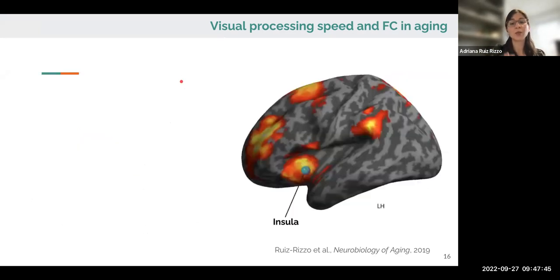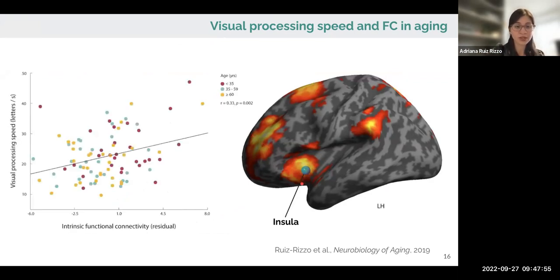We examined within this network which regions decreased with age in terms of connectivity. And one of those was the insula, one of the core regions. Now, when we look at the correlation between the connectivity in the insula and visual processing speed, we see a positive correlation, meaning that higher functional connectivity was associated with higher visual processing speed.